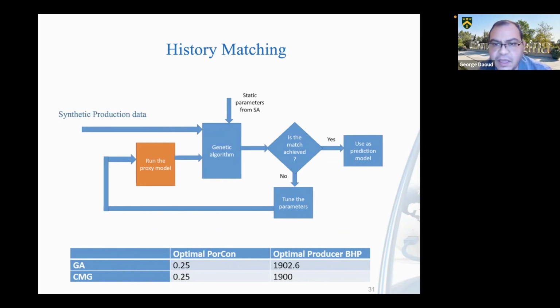It changes the input and searches for the input that provides the match. To reduce this, we are using the static parameters suggested to us by sensitivity analysis. We run it in a small scenario, where we just want to find two values: the porosity for the blocks of the reservoir, and the BHP, the bottom hole pressure for the reservoir.